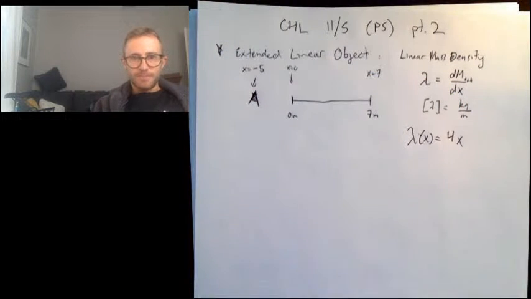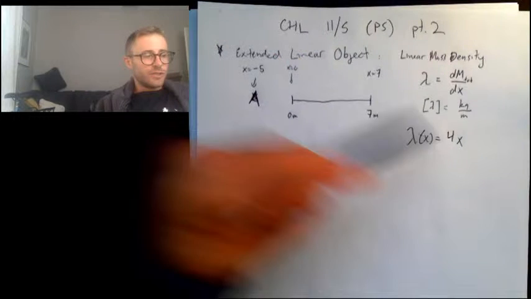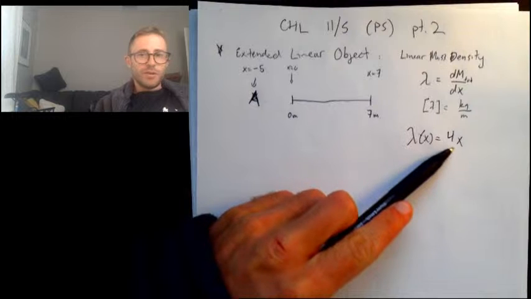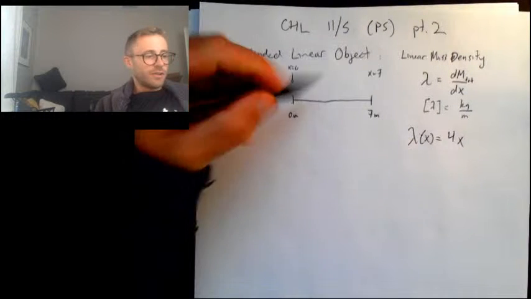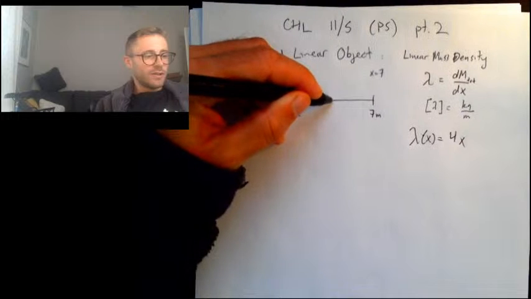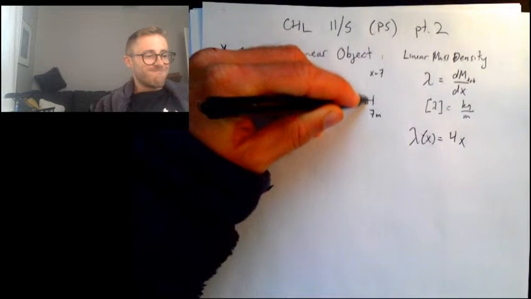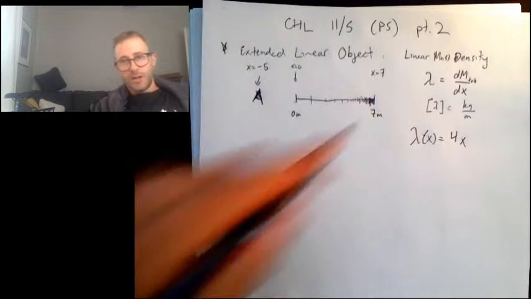So what does that mean? It means that at x equals 0, the density is 0, and the density gets bigger and bigger as we move to the right. It starts out really not dense, and then gets more and more dense as we get to the right side.